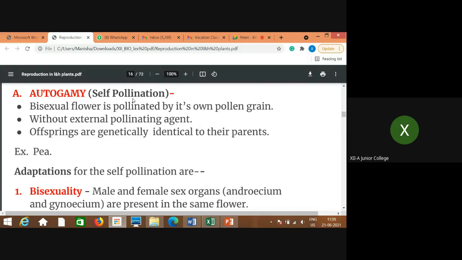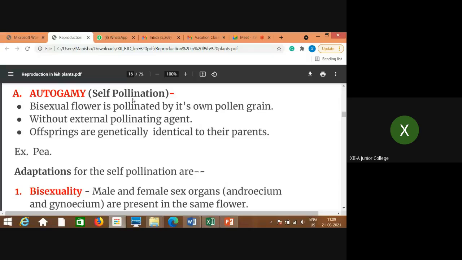So in the same flower, when the pollen grains, that means the anther of the same flower, are transferred or fall on the stigma of the same flower, then that is called self-pollination. So what are the requirements? That flower should have both the sex organs.